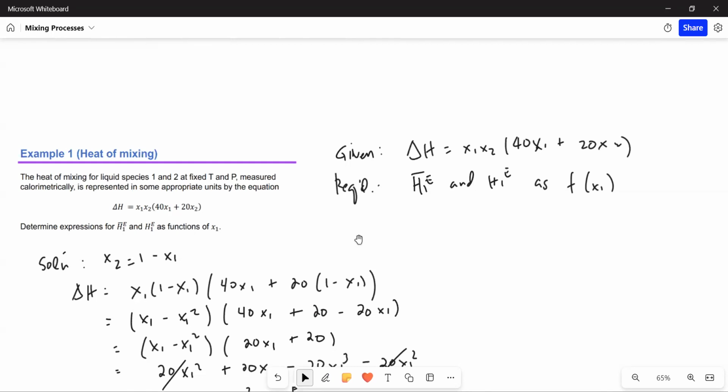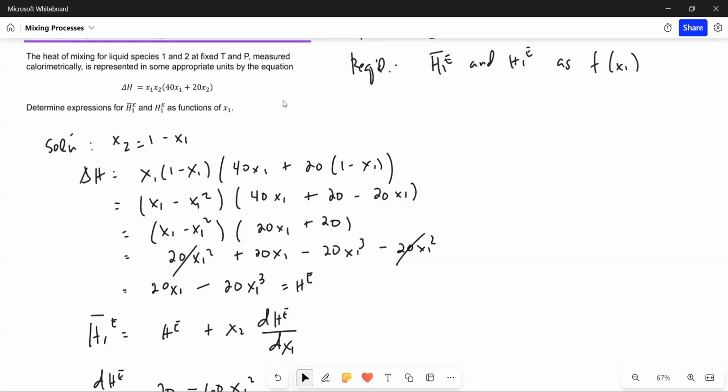Okay, I think there's a typo in the problem. This second one should be the partial molar H2 sub E. I'll ask Ma'am Rowie, but for now, let's calculate for H2 sub E.